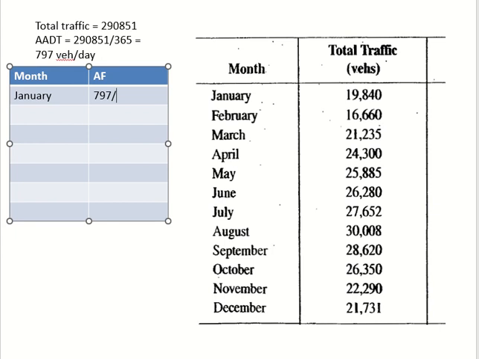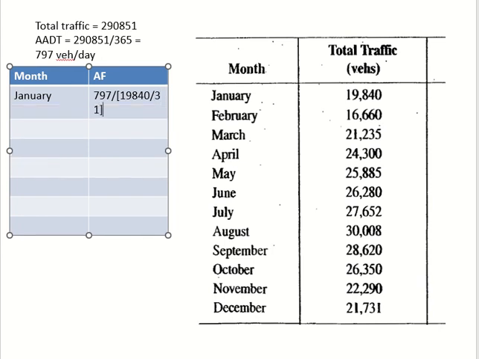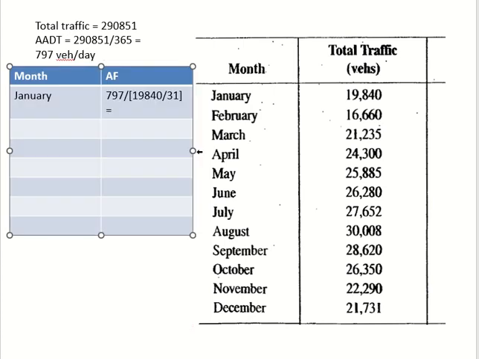How many days are there in January? You will calculate the average of January, so you divide the total of January by the number of days in January. You cannot divide by the total.